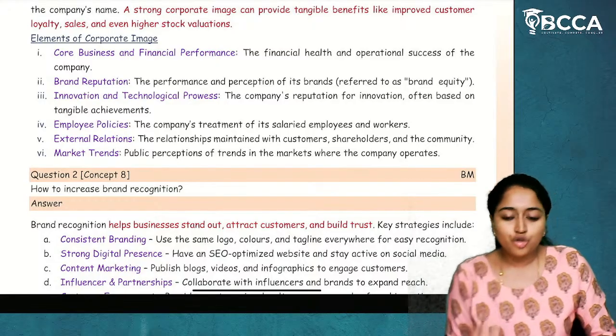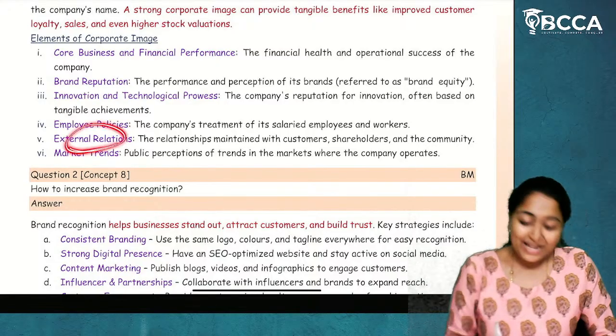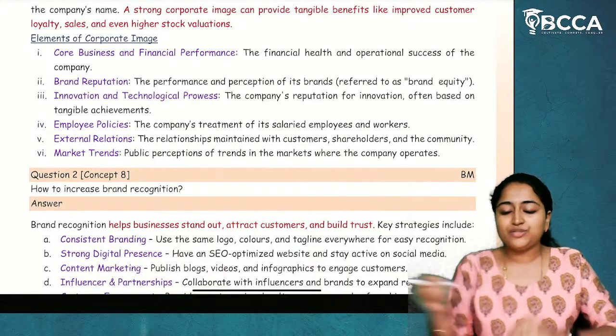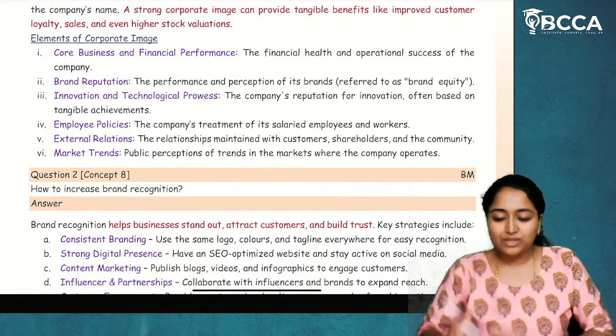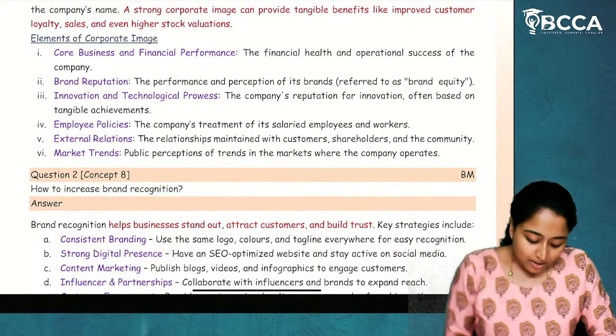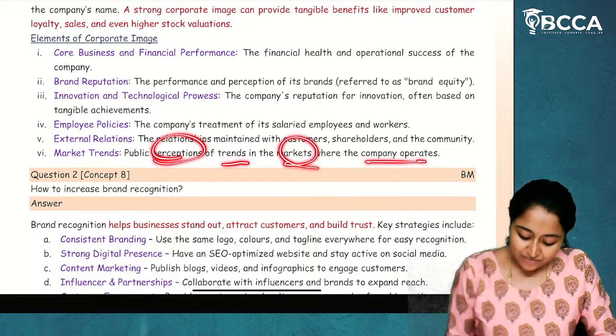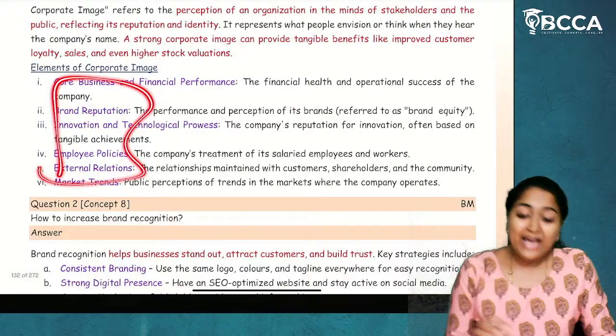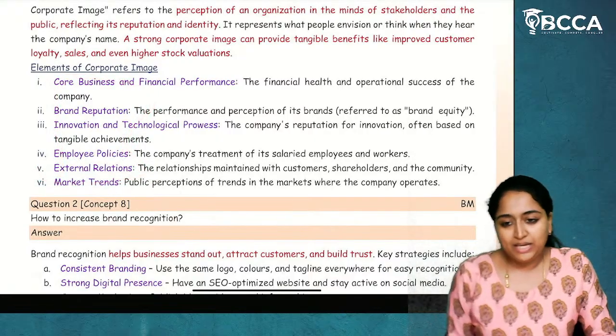Based on that also, good corporate image will depend. And external relations, how it is treating its investors, how it is treating different interest groups. Based on that also, corporate image will depend. And market trends, public perception of trends in markets where the company operates. So all these are the elements of corporate image.